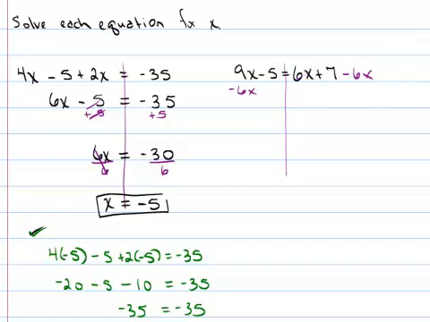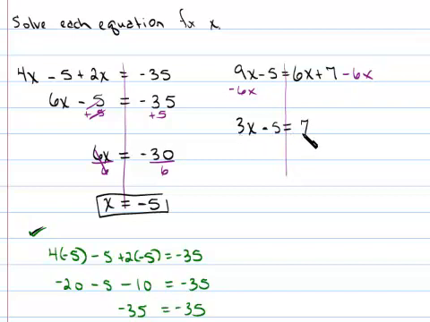On the other side, when we combine 9x minus 5 minus 6x, well, 9x minus 6x is really 3x. Leave that 5 there, leave your equals. Now keep in mind here that the 6x is gone, so it's just a 7. I didn't want to draw a line through it. But it's 6x minus 6x is gone. It's 0x. Once you get your x terms together, now it's just a matter of solving for x.